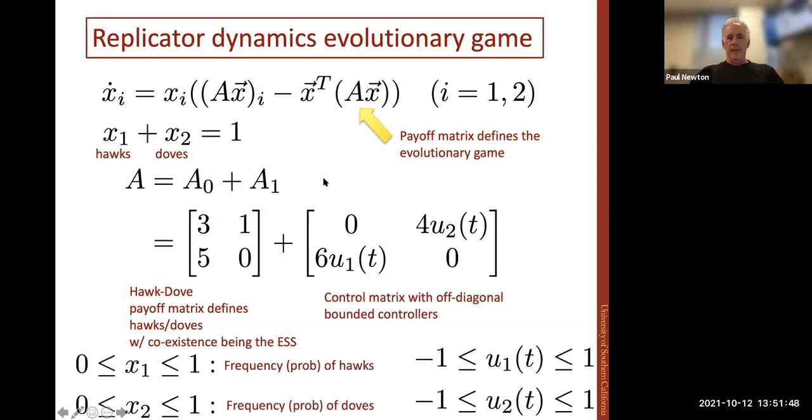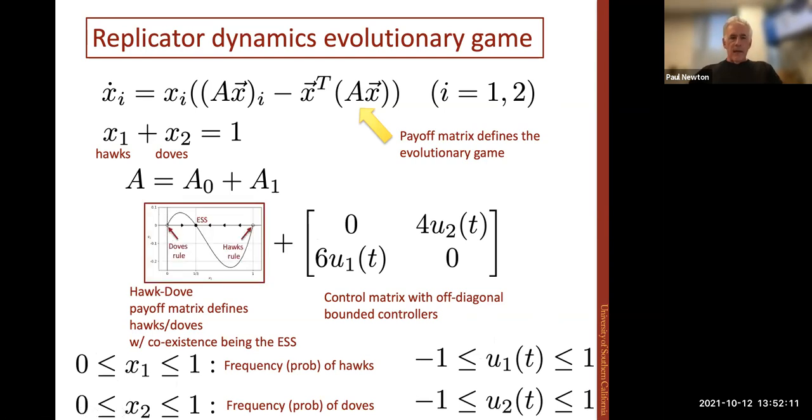But you need to shape it in the right way. So here are the bounds. x1 goes from 0 to 1, x2 goes from 0 to 1. And our controllers are normalized so that they can go from -1 to 1, but in principle, they could be any time-dependent schedule whatsoever.